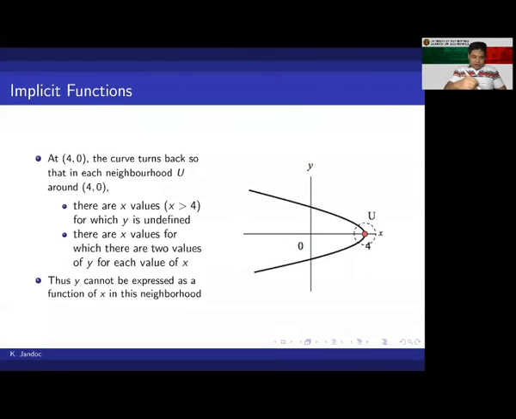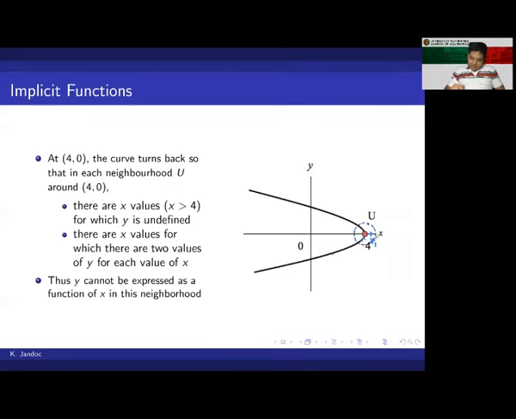So at point 4, 0, at this point over here, notice what happens. At this point, the curve sort of turns back. So if we have an upward rising portion here, then it turns back over here. So in this neighborhood, if we define a neighborhood U around the point 4, 0, there are some values of x, for example here, call it x1.